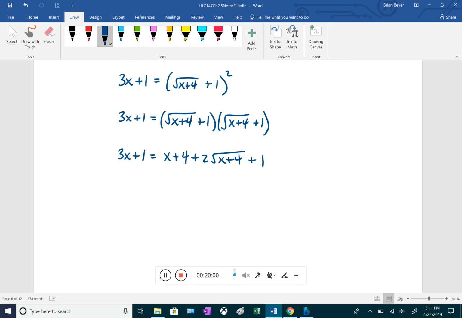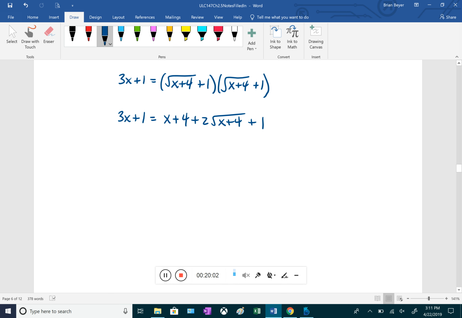And now it's just like the equations that we've already done. We have one square root here. So let's isolate this and let's square both sides. So I'm going to subtract x on both sides. So this x right here I'll subtract. And then we will get 2x plus 1.